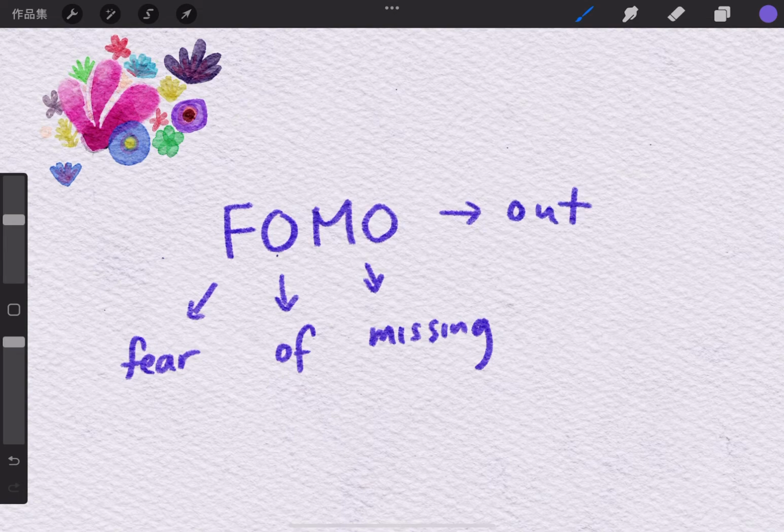And it refers to a feeling or a perception that other people are, oh wait, it's probably not a good depiction. So they're having more fun.